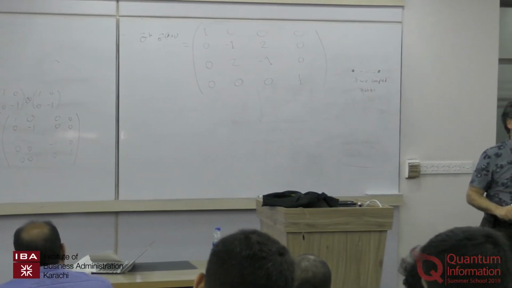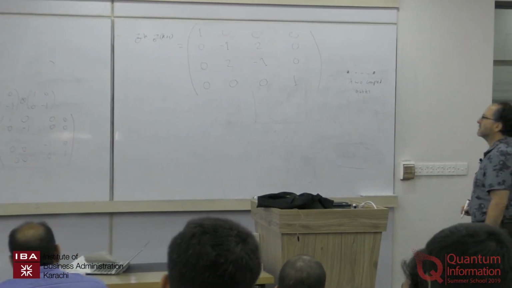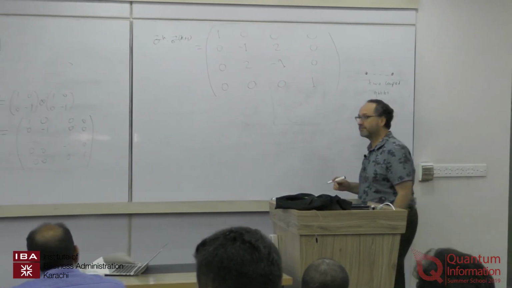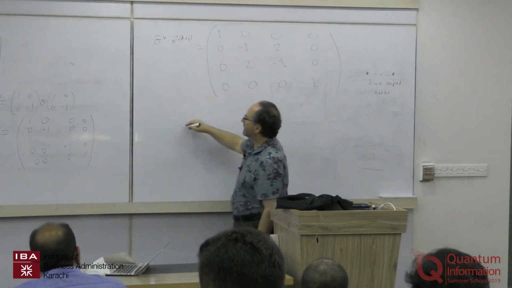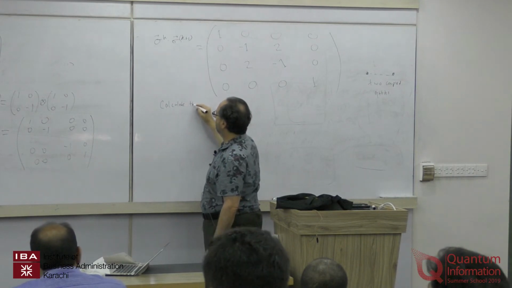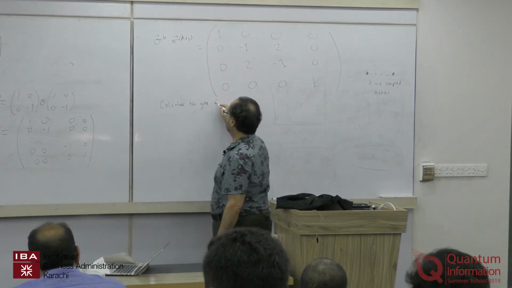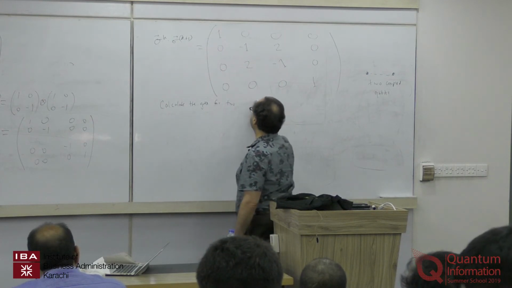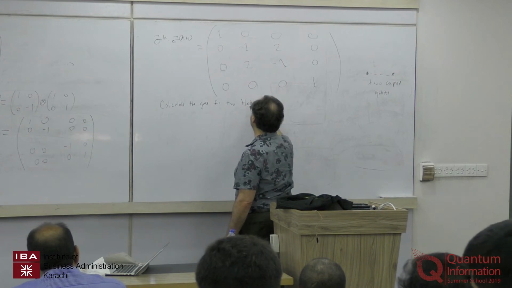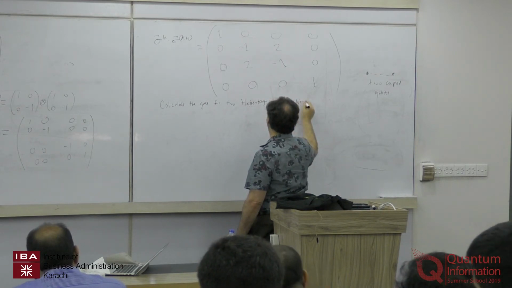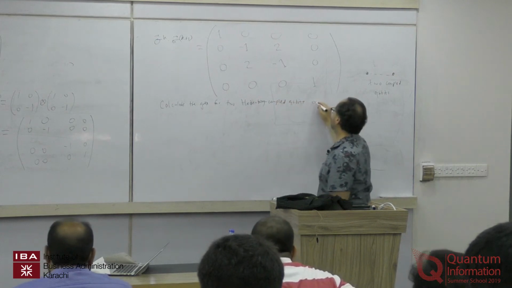Now we have to exponentiate that. So let's calculate the gate for 2 Heisenberg coupled qubits over time t.